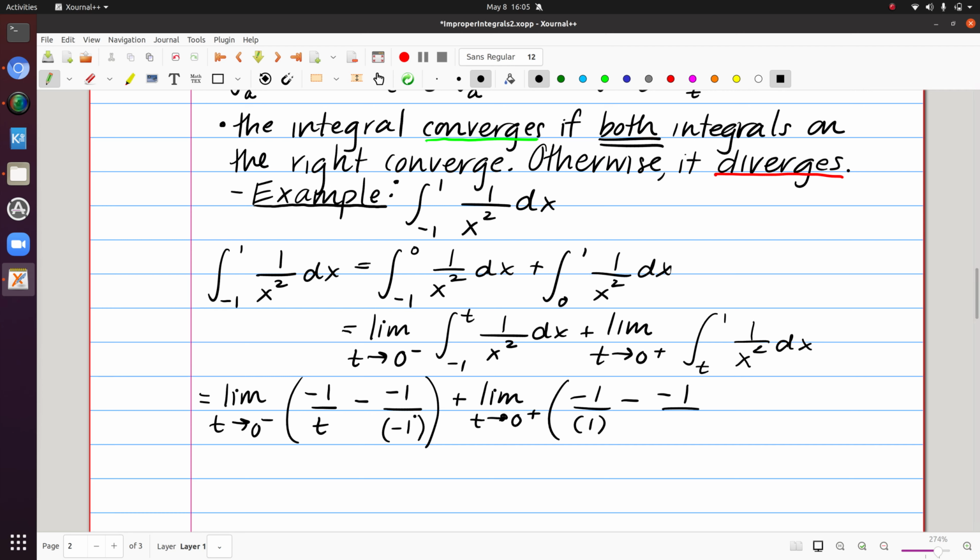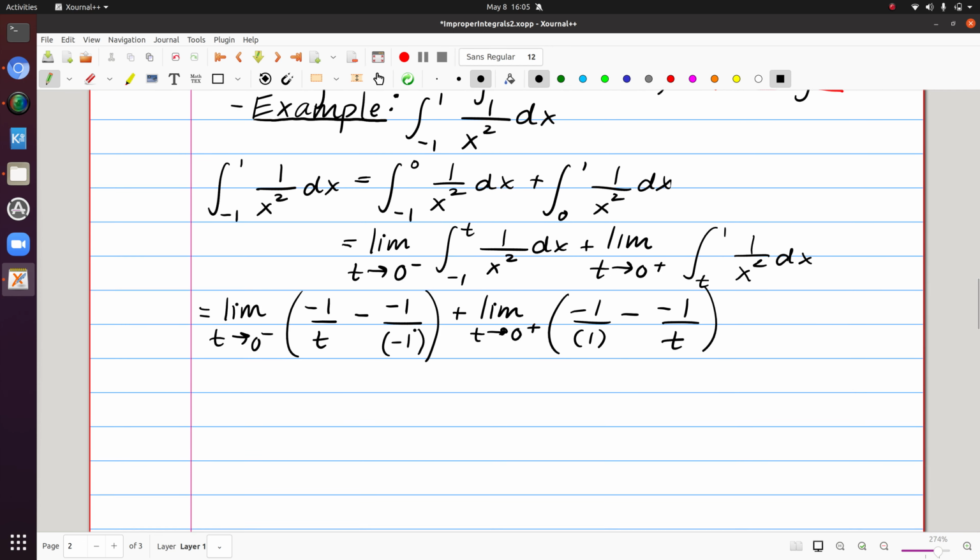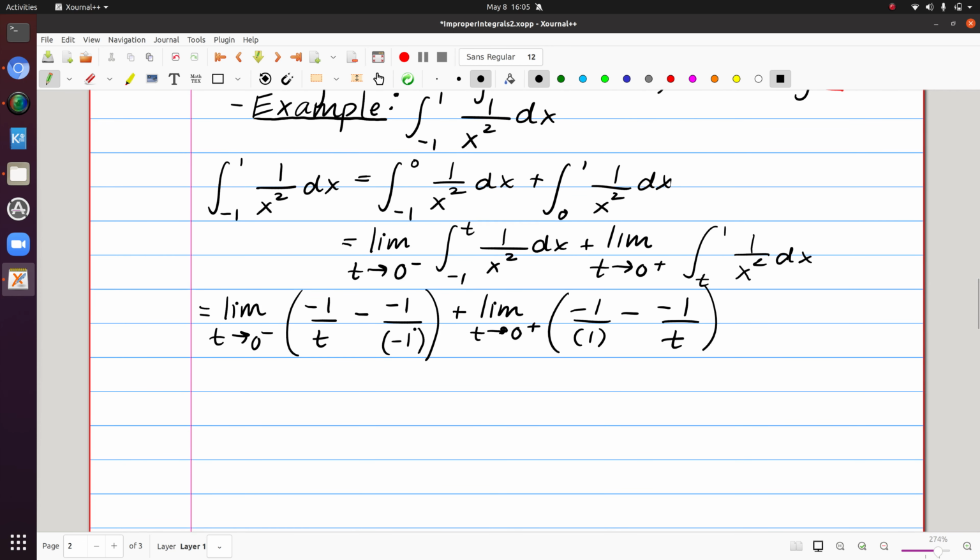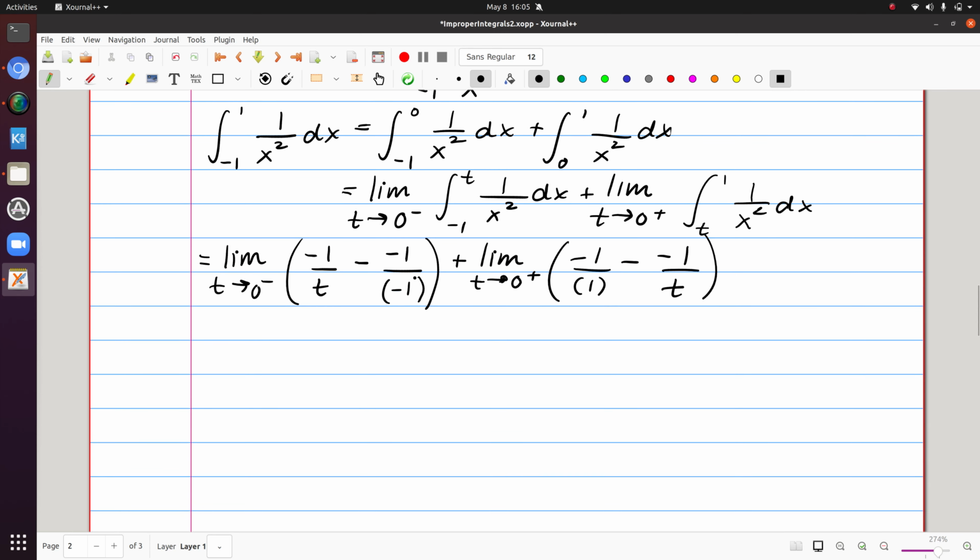Okay, now right away, both of these limits I can see a problem, but like I said, it really only matters if you see a problem in one of them. So I have here 1 over t, well, negative 1 over t, and t is approaching 0. So that fraction here is going to blow up, right?